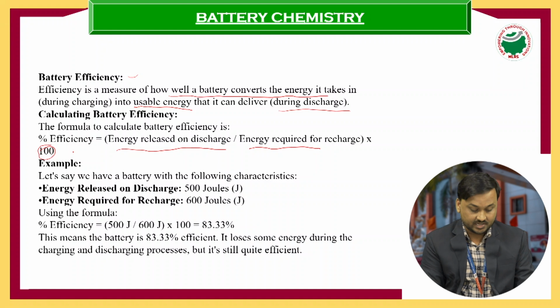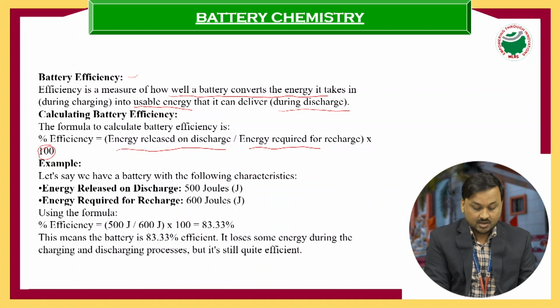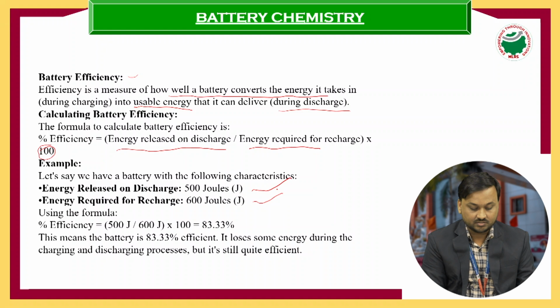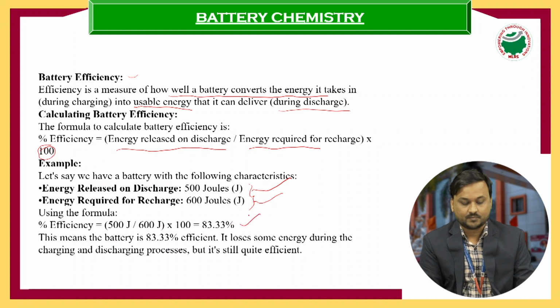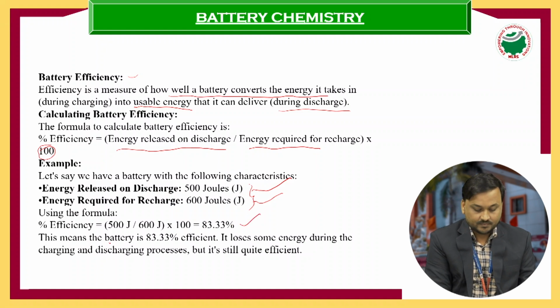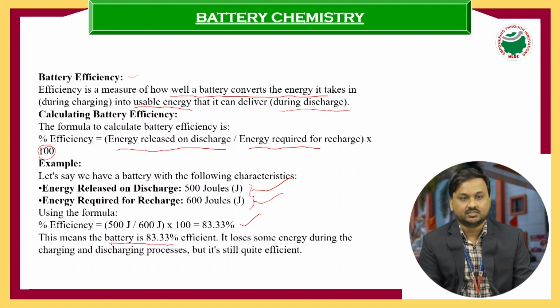For example, if we take some values, energy released on discharge is 500 joules and energy required for recharge is 600 joules. Using these values in this formula, 500 joules by 600 joules multiplied by 100 becomes 83.33. That means 83.33 percent is the battery efficiency.